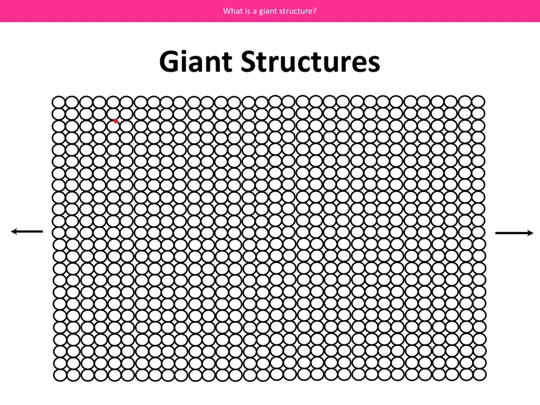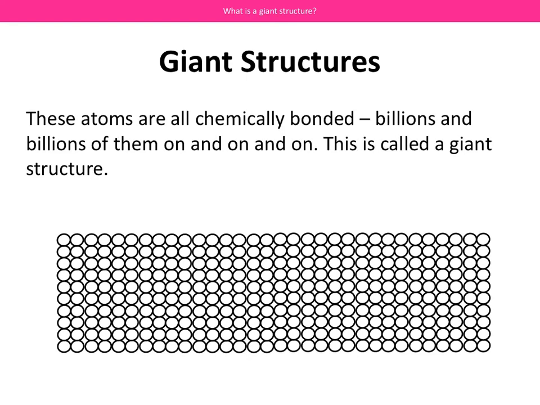So they are just atom after atom after atom, which is why they're called giant structures. Now, they are chemically bonded. There are billions and billions of them. In fact, billions is just too small a number. And again, just reminding ourselves that what we're looking at here is something we can think of as being a giant structure.